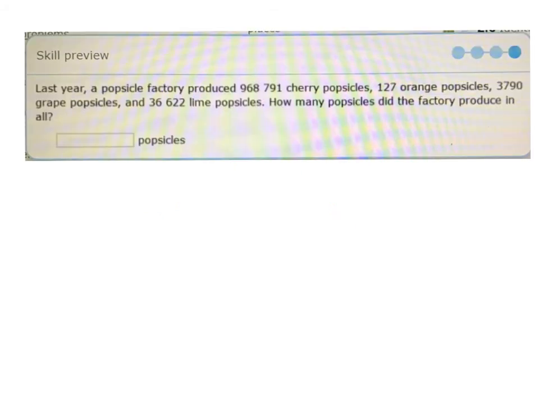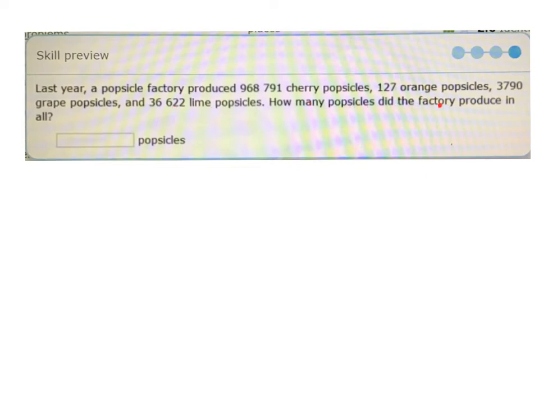Our last example says, last year, a popsicle factory produced 968,791 cherry popsicles, 127 orange popsicles, 3,790 grape popsicles, and 36,622 lime popsicles.